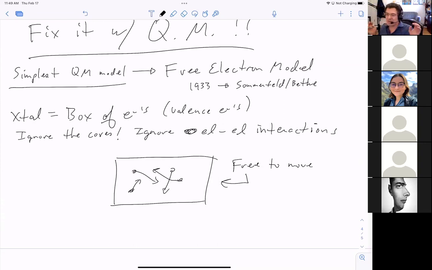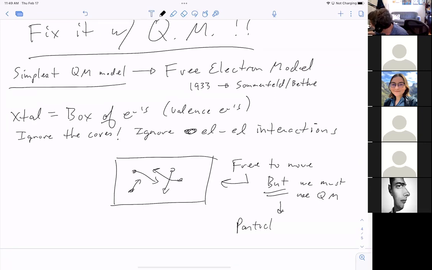But the reason why this is not a classical gas is because they take quantum mechanics into consideration. They're free to move, but we must use quantum mechanics. And for quantum mechanics, what we have is the most famous quantum mechanics problem, which is particle in a box. So we've got to use the particle in a box model of quantum mechanics.